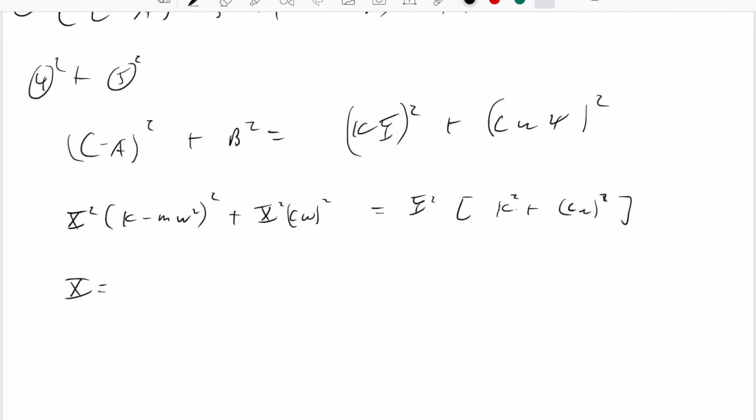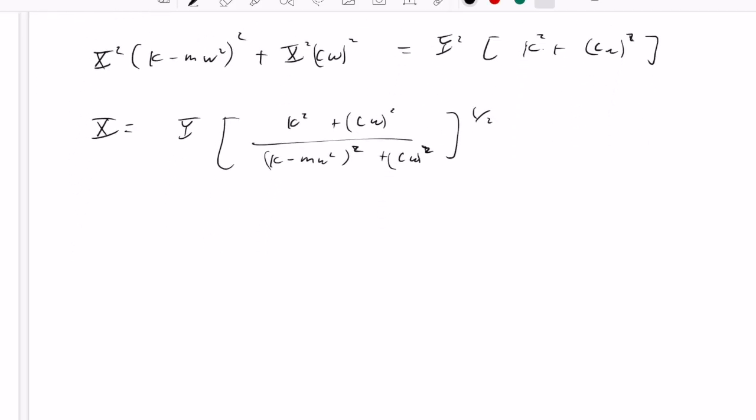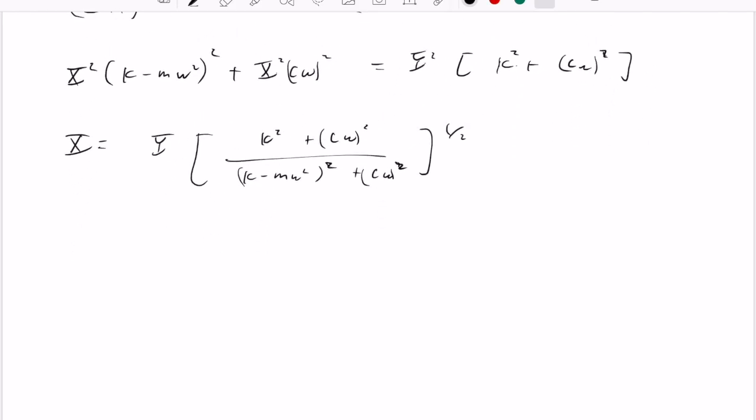Now we can solve for x and take the square root. So x is equal to y times (k squared plus c omega squared) over ((k minus m omega squared) squared plus (c omega) squared), to the 1/2. Okay, and then when we multiply everything, oh, here my pen's loose, that's why it's not writing.